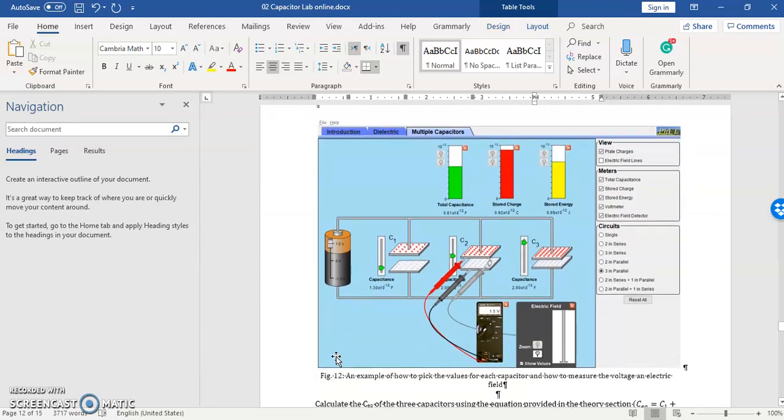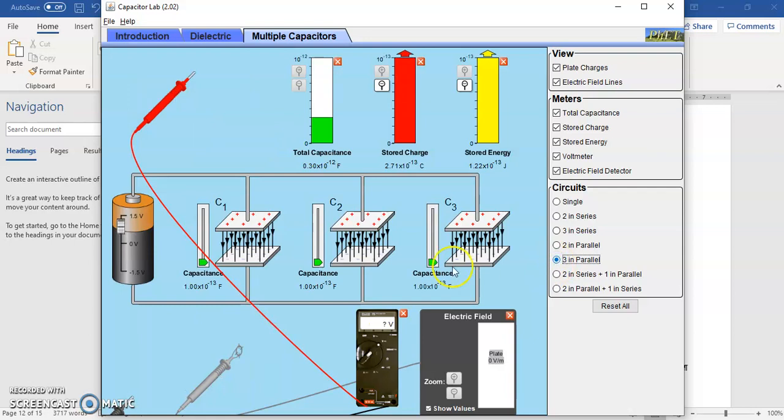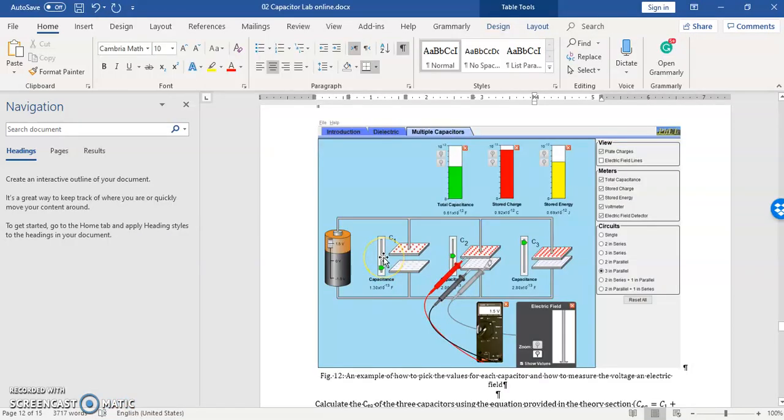Find the answer. You do the same thing with putting them in 3 parallel. I'm not going to go through the whole thing, but you just pick 3. If you want, you can be very close to what you had chosen before, but not necessarily, and then go through the same thing and all the measurements of everything for the parallel.